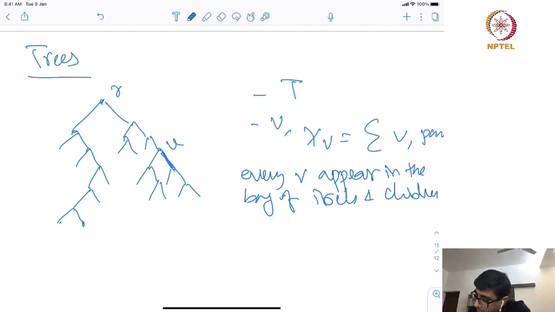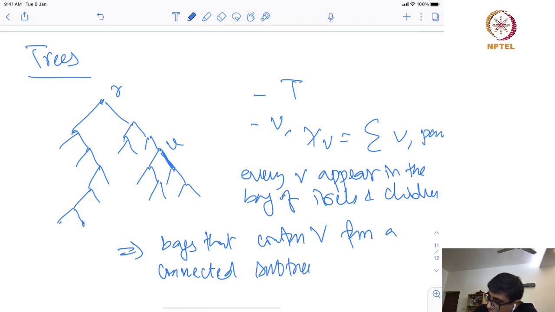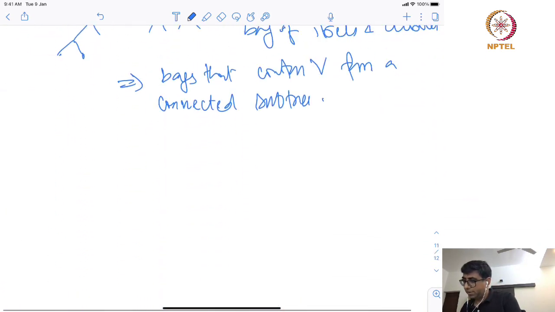What does that imply? This implies that the bags that contain V form a connected subtree.